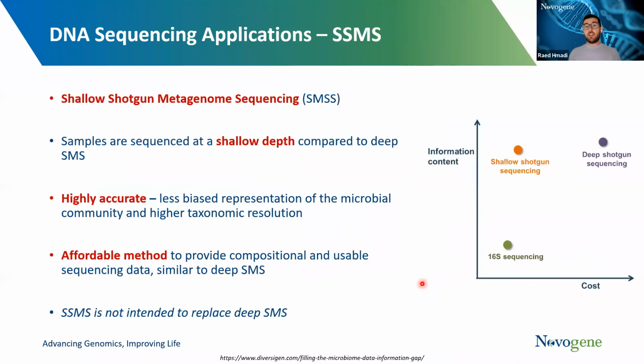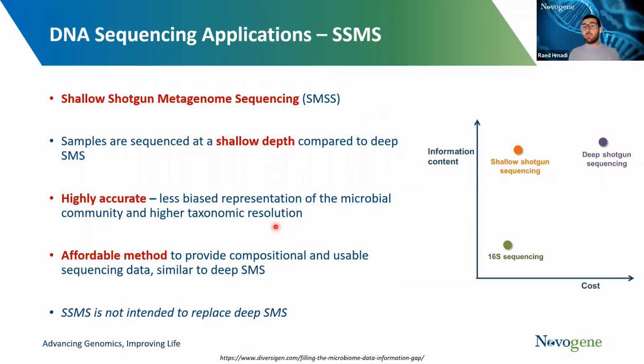And this is why shallow shotgun metagenome sequencing was developed. So the principle of shallow shotgun metagenome sequencing is to sequence the microbial communities at a shallow depth compared to deep or standard shotgun metagenome sequencing. The advantages of shallow shotgun metagenome sequencing include high accuracy, so we will get a less biased representation of the microbial community and a higher taxonomic resolution.